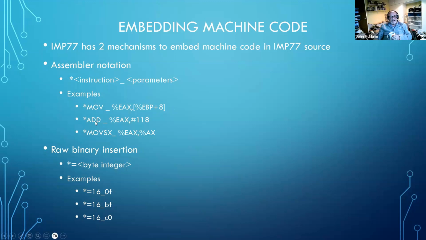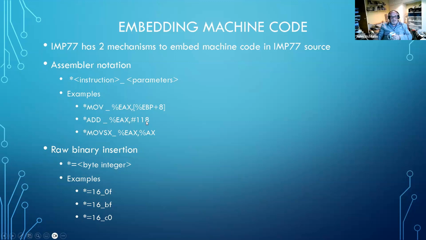Another example is I'm going to add 118 into EAX. I should make the point that this is basically using Intel layout, in which the right-hand parameter is the source and the destination is the left-hand side. So you take the thing on the stack offset by 8 and the contents of what that points to, and put it in the EAX register.